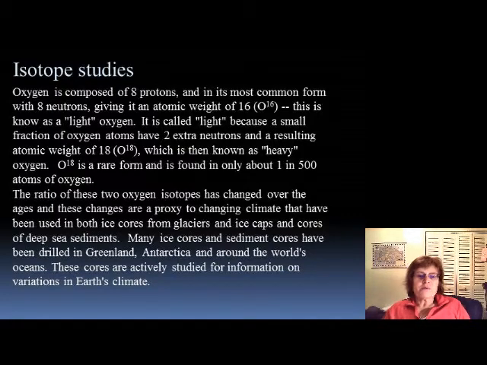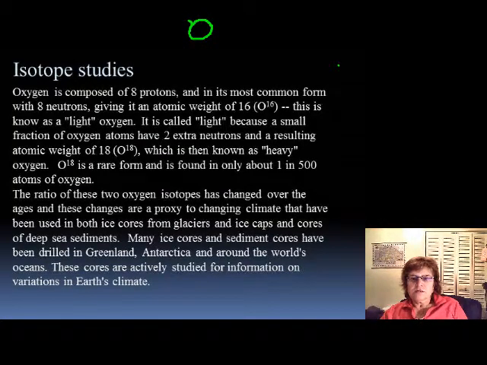Probably you do remember, because we learned it in physical geology, but also in historical geology, that oxygen has two isotopes. Remember, oxygen has 8 protons, and in some cases it has 8 neutrons.